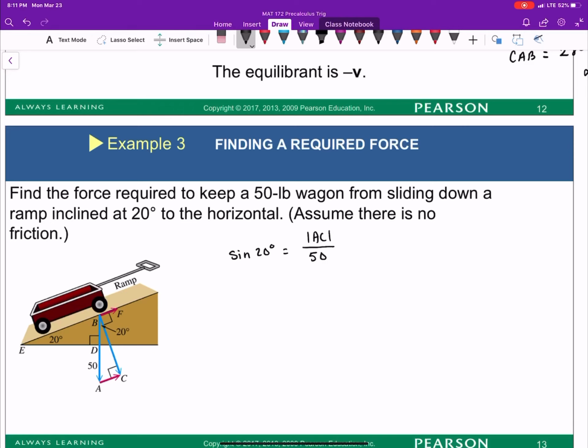Now we're going to multiply both sides by 50, and we'll get the magnitude of AC. So take a minute, go ahead and write that.